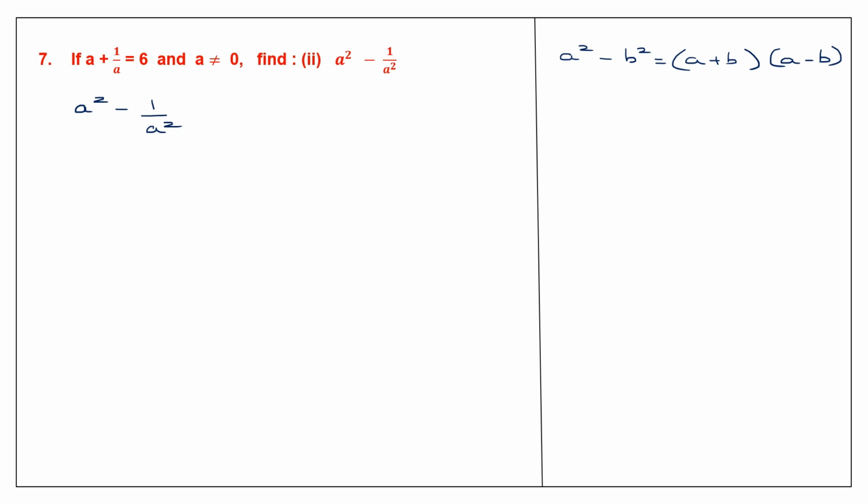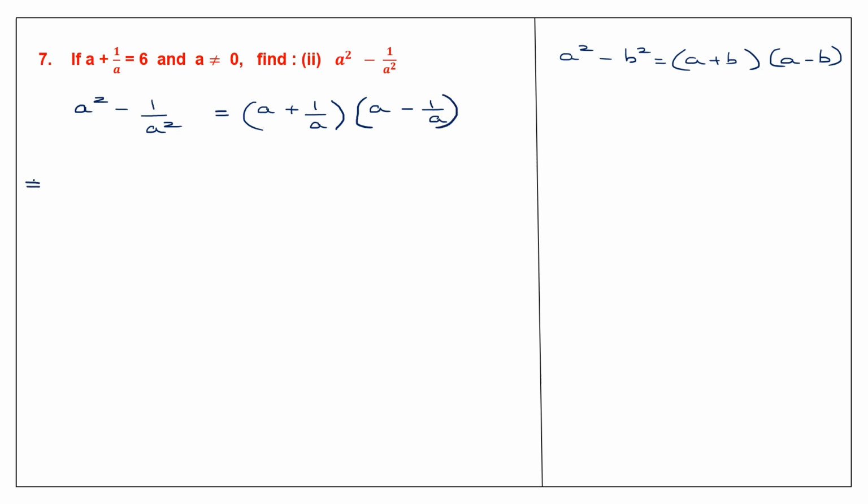So if we take this as a square minus b square, we can write out this expansion. So that is a plus b into a minus b, and a is a, b will be 1 by a. So a plus b into a minus b. That is a minus 1 by a.